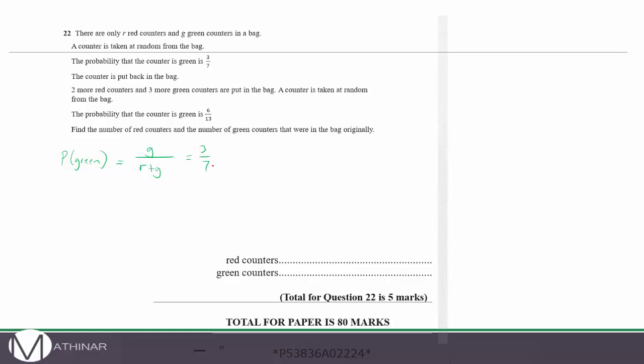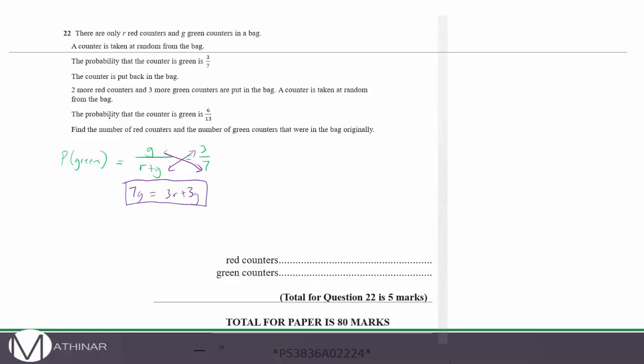We have a fraction equals a fraction, so we can cross multiply. G times 7 gives you 7G, and that times that gives you 3R plus 3G, and we can make them equal to each other. So we have an equation. The problem with this equation is we have 2 unknowns.